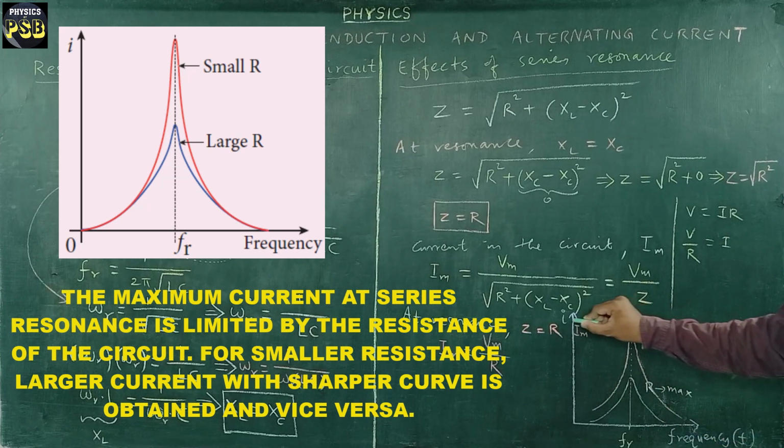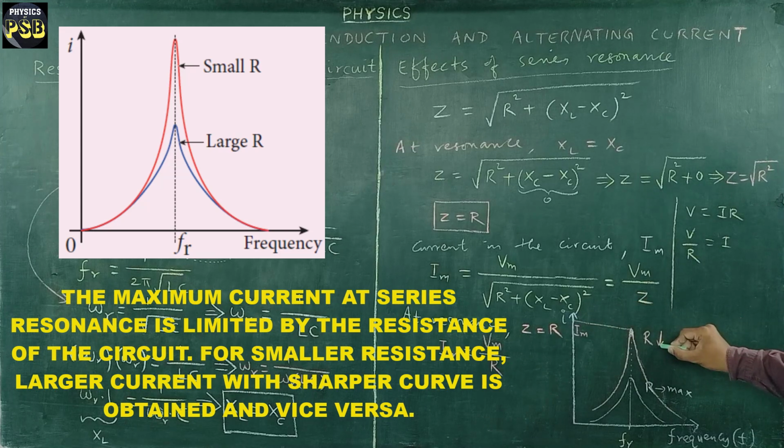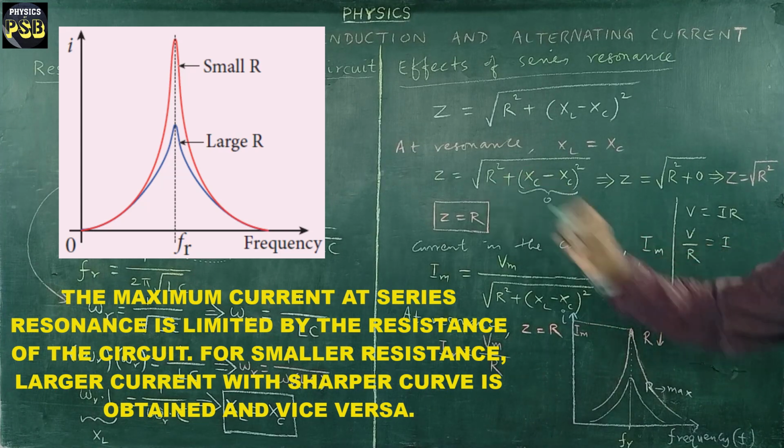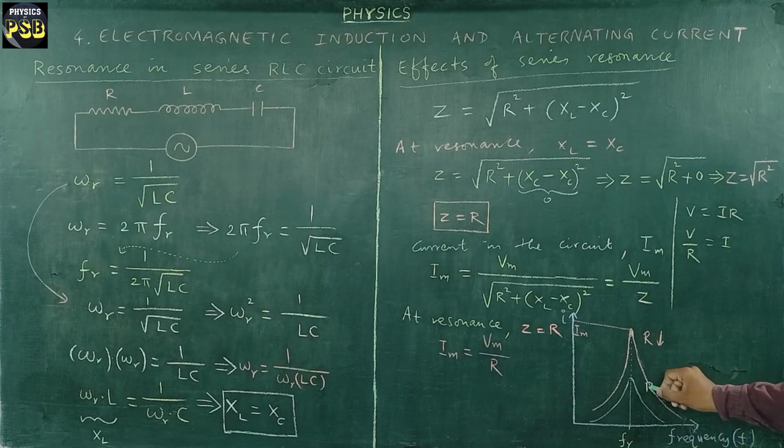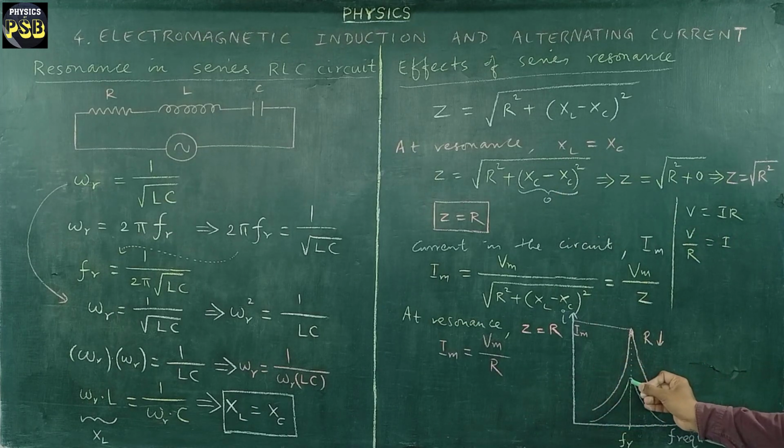One provides a maximum current by reducing the resistance of the circuit. When the resistance offered to the flow of current by the circuit is maximum, there you can see the value of I is less. Clear? So this is what happens when resonance takes place in the circuit.